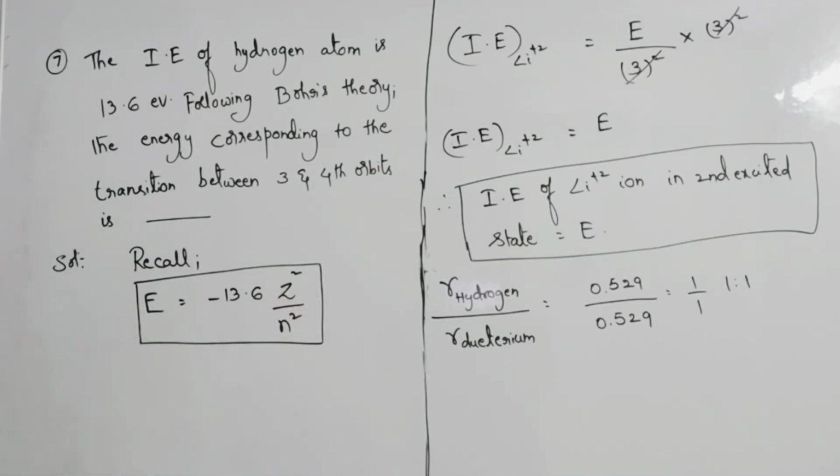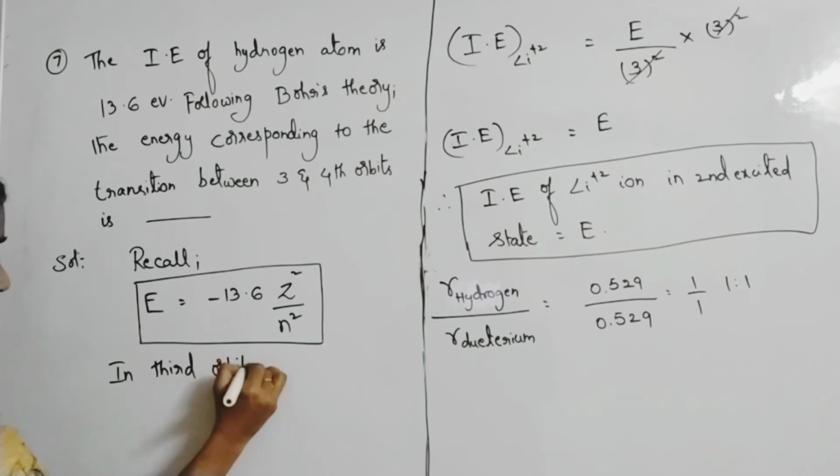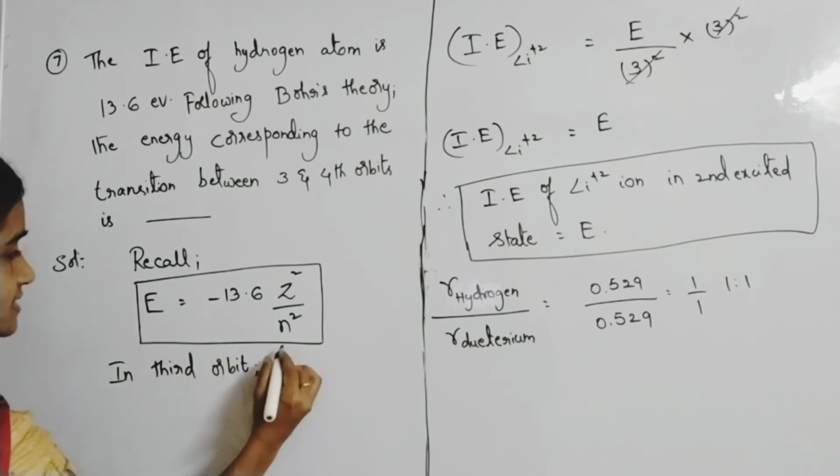So in the third orbit, energy is taken as E3.